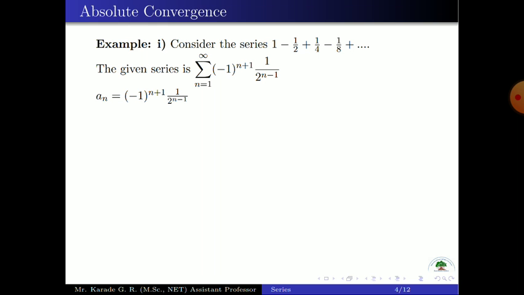So the nth term of the given series is minus 1 raised to the power n plus 1 times 1 upon 2 raised to n minus 1, for all n belonging to capital N. Therefore mod a_n is equal to 1 upon 2 raised to the power n minus 1. Therefore the absolute series, summation mod a_n, is equal to summation n equal to 1 to infinity 1 upon 2 raised to the power n minus 1.